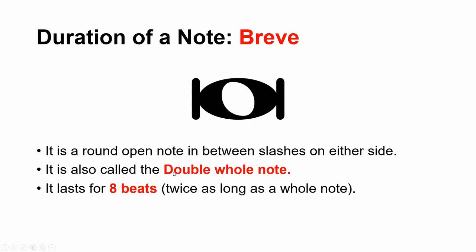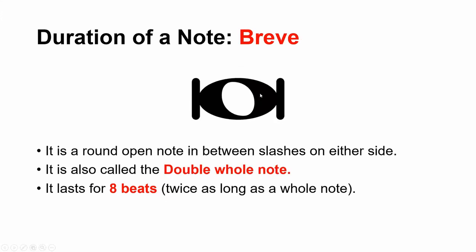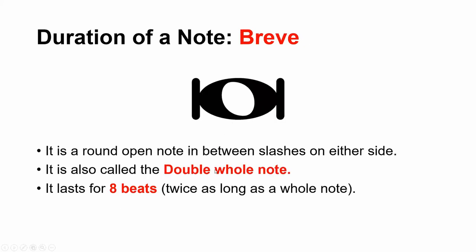So if it's a double whole note, it means that if the whole note lasts for 4 beats, then the double whole note must last for what? 8 beats. So basically twice as long as the whole note.